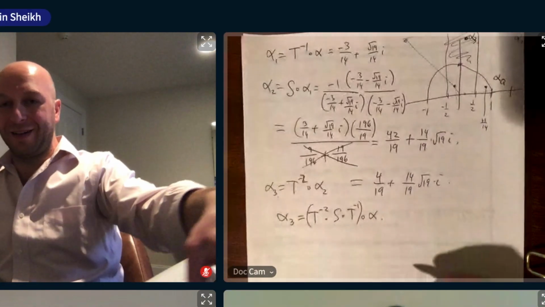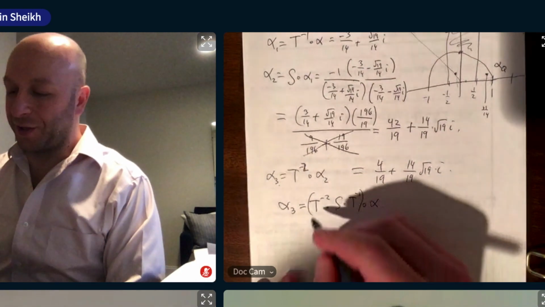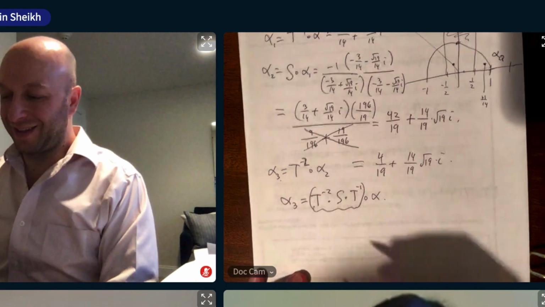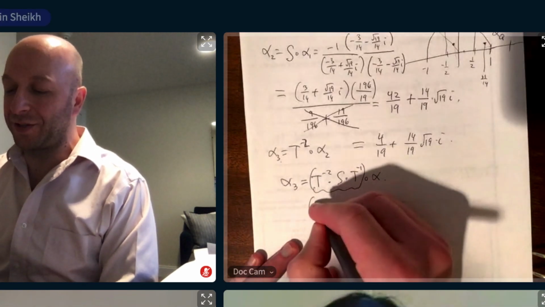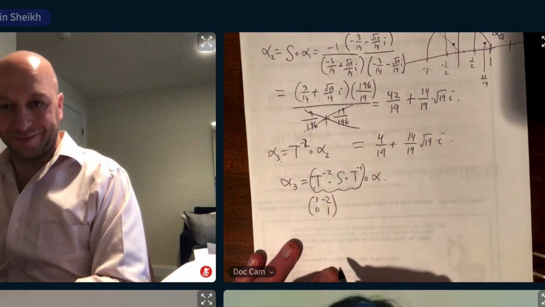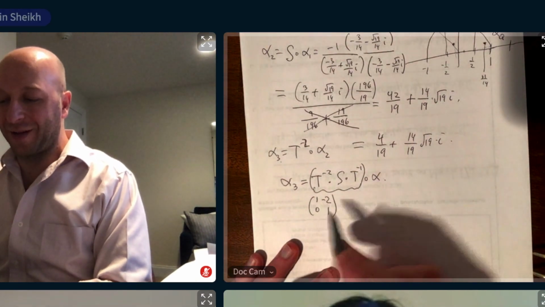Can everybody see that? So let's work out what this matrix is. T to the minus 2 is translation by minus 2, which is exactly what this accomplishes.